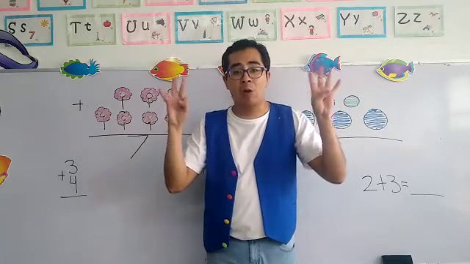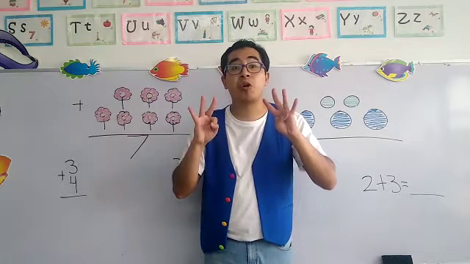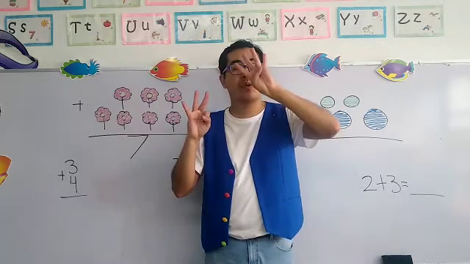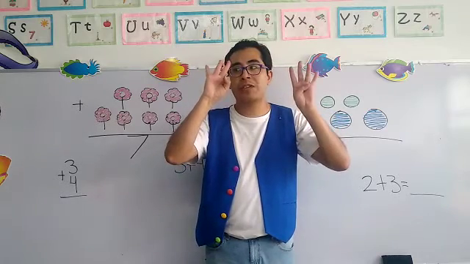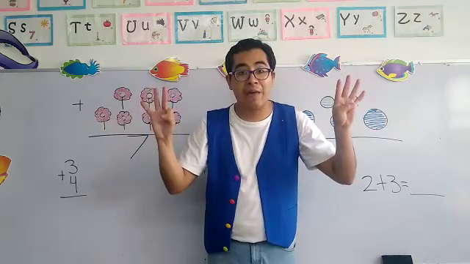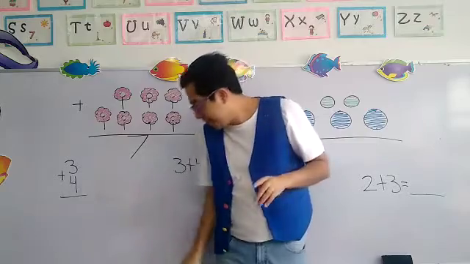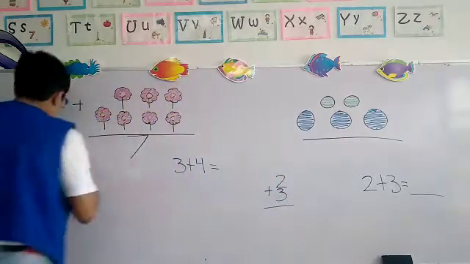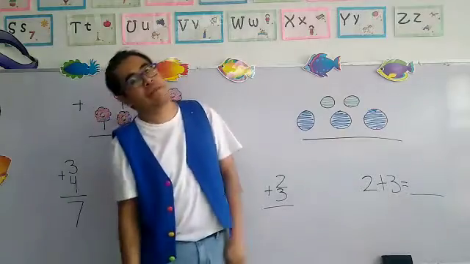Now that we have our fingers, let's count them all to see what's the result. 1, 2, 3, 4, 5, 6, and 7. So what's the result? Number 7. So once again, let's write it under. Remember, number 7 is the number that is always asleep.